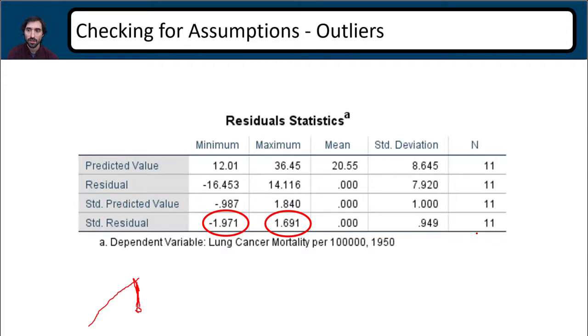And generally we want to have nothing greater than 3.29 or less than negative 3.29. If there was, then there would be outliers. That's what we were checking for. So this negative 1.971 and this positive 1.691 are within that range. We are good to go. That means that everything is close enough that there isn't some one way out here where the residual is just way too long.